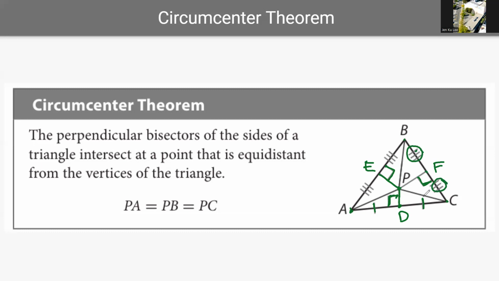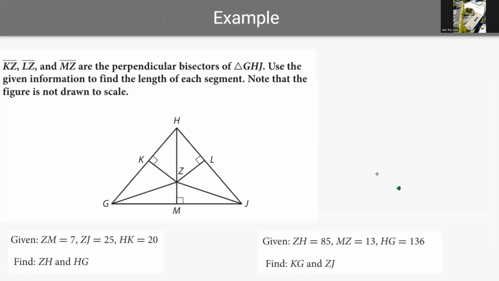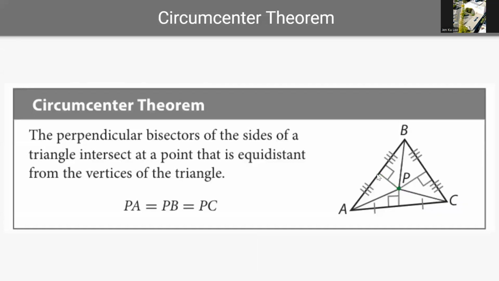So we got three perpendicular bisectors, and right where they meet, let me erase all of this, and right where they meet at point P, right?